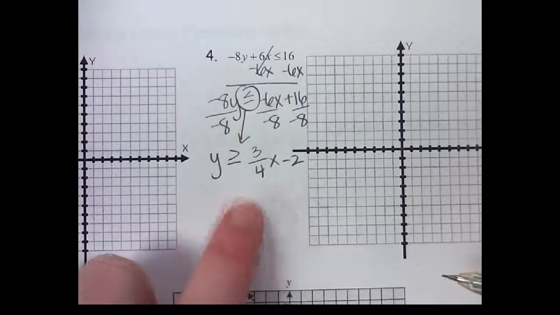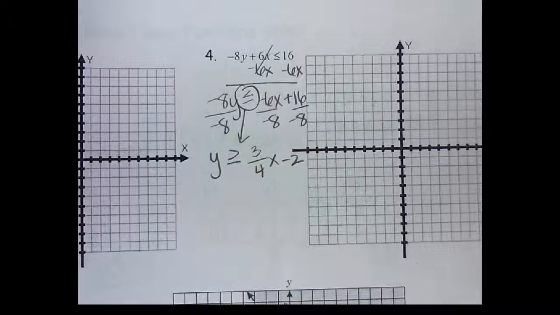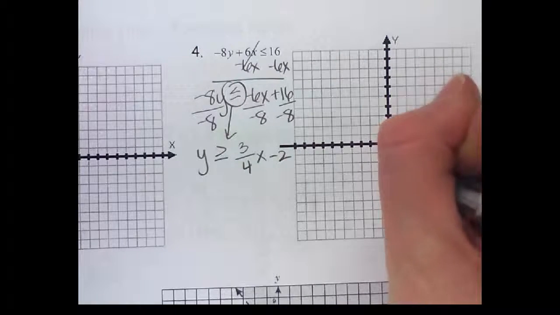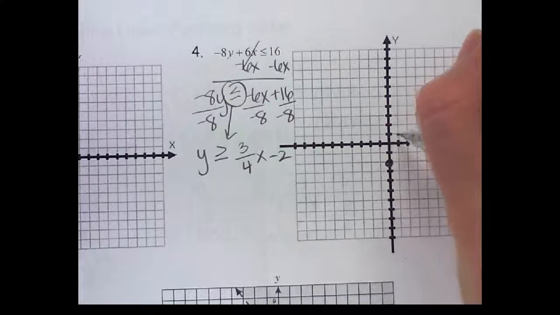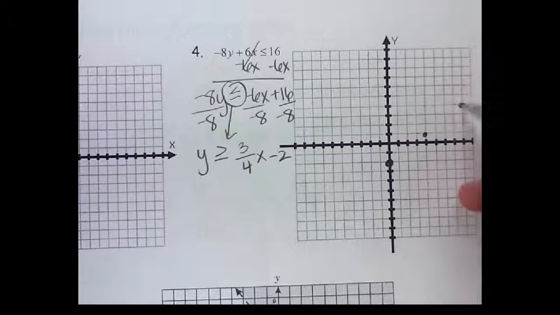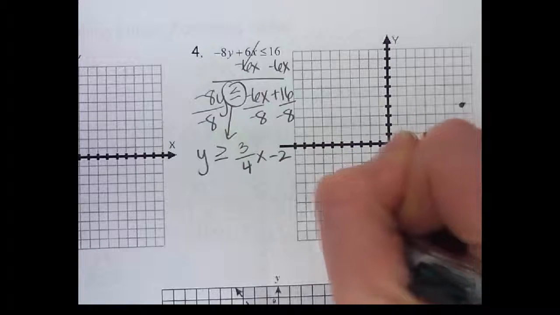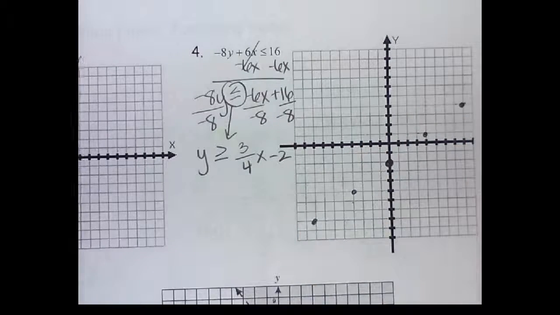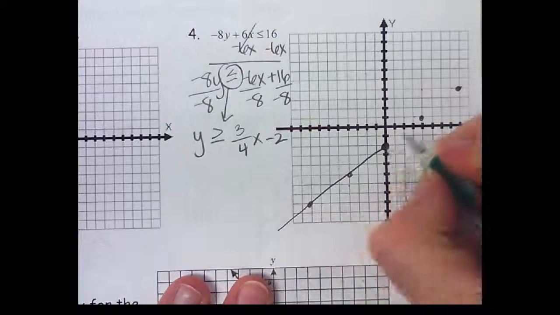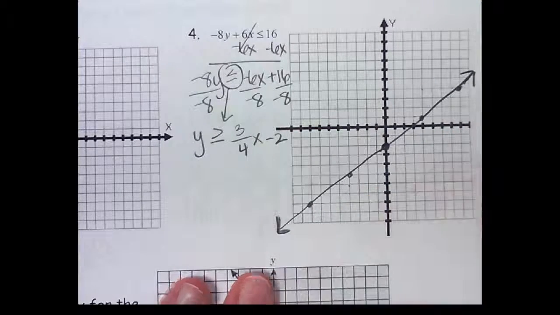I see some people forget it sometimes when we do this, just because we're graphing, so make sure that you flip that sign. Have a solid line because it has the equal sign under it.